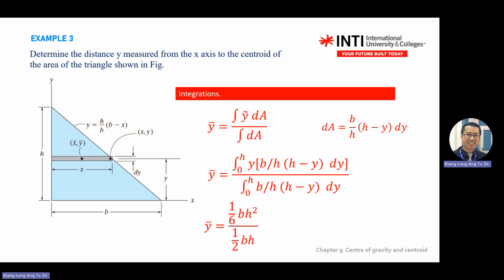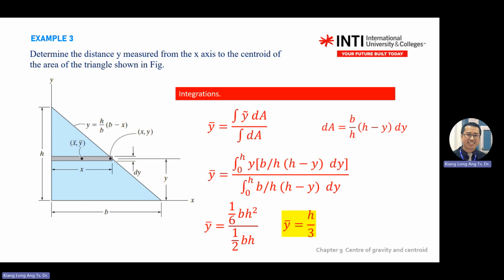If you don't know, you go online. There is an open source website for integration steps. You put inside this equation, and it will explain how you arrive at this one. But that one is for revision. In the exam, you cannot use all these tools. Right, so you summarize y bar equal to h over 3.